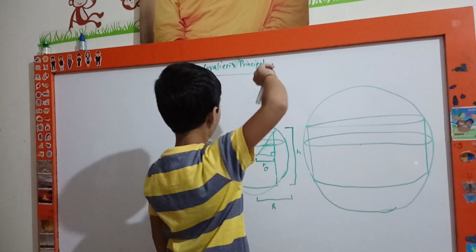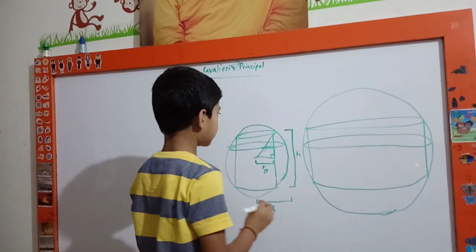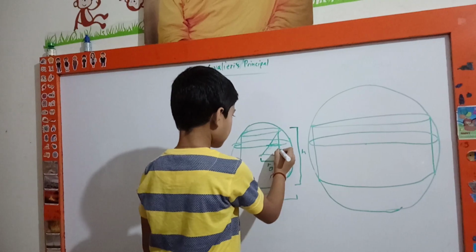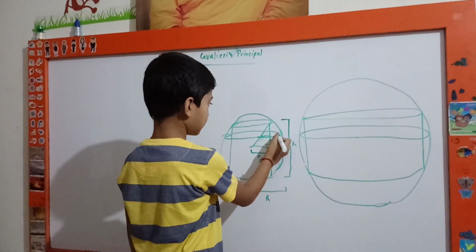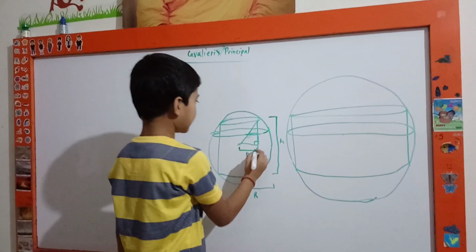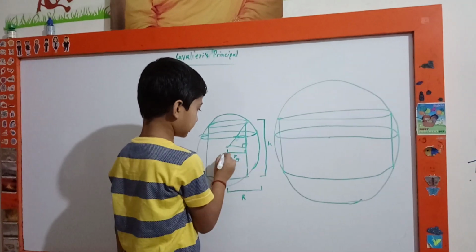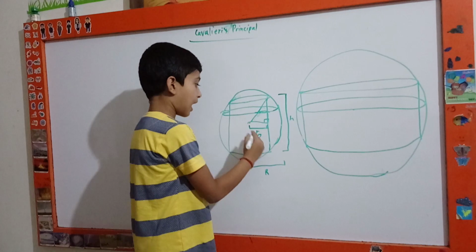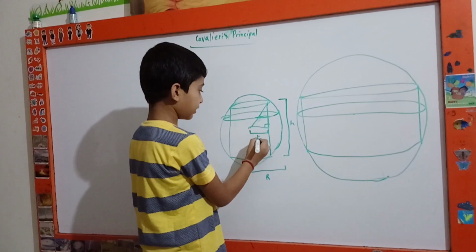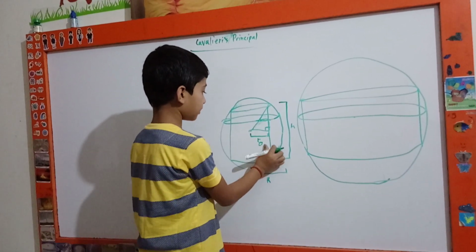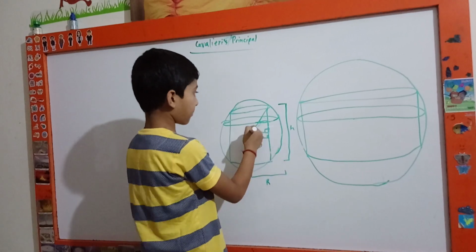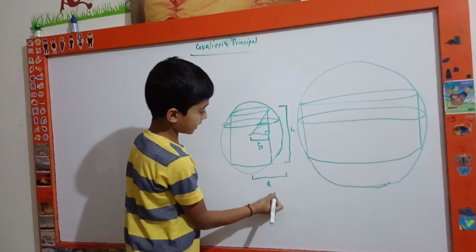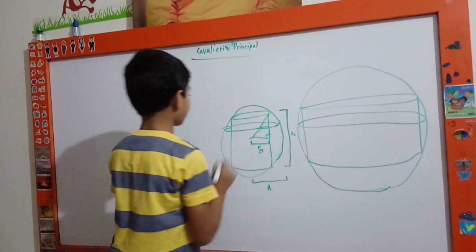So the Pythagorean theorem states that this length, which is half the height of the cylinder, squared, plus this length, which is r, the radius of the cylinder, squared, equals the hypotenuse squared, which is the radius of the sphere itself.